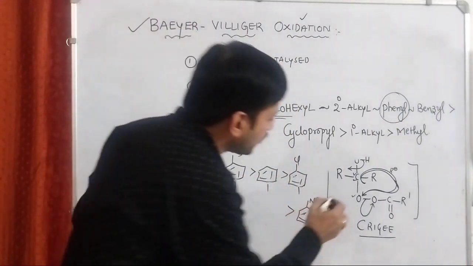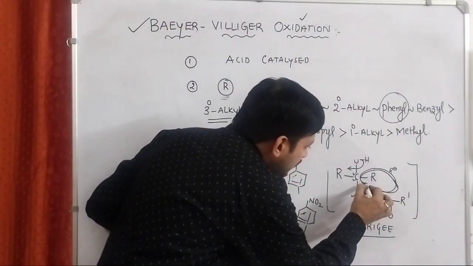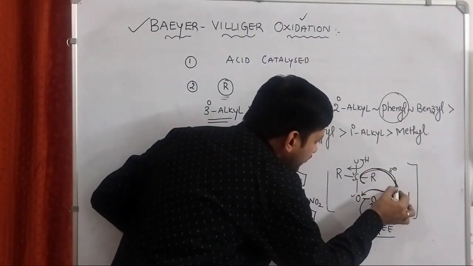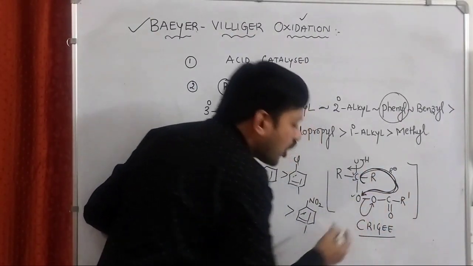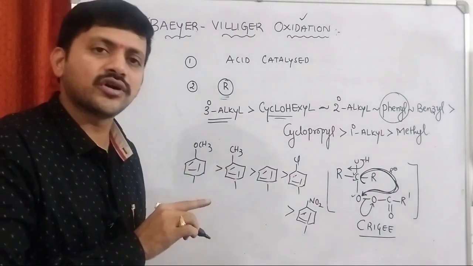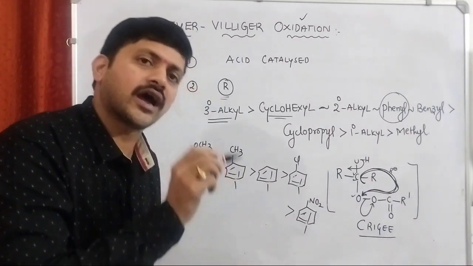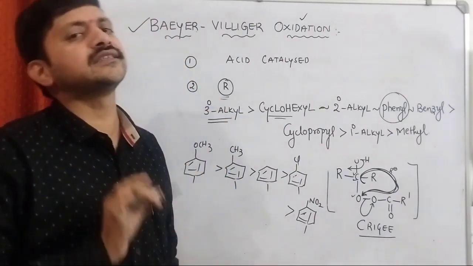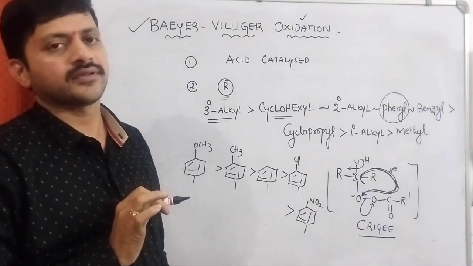If you see this particular Criegee intermediate, this R group is migrated towards the oxygen. It means that along with that R group, we need to put the oxygen simply. Right?